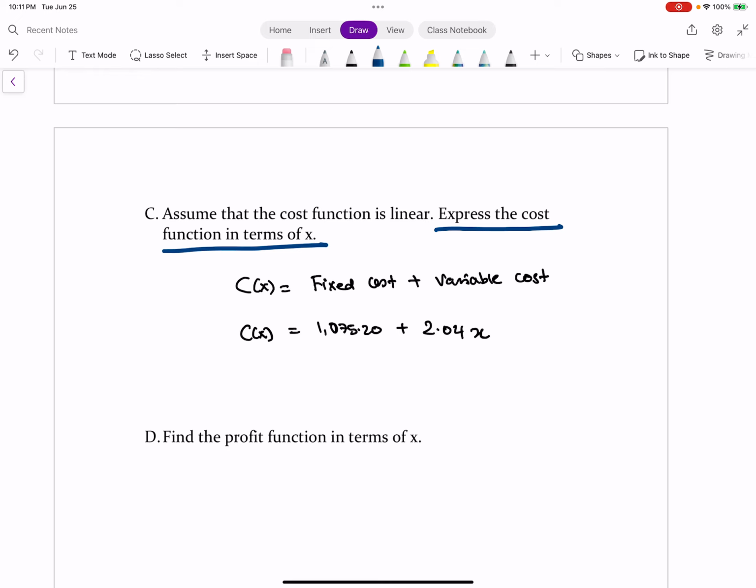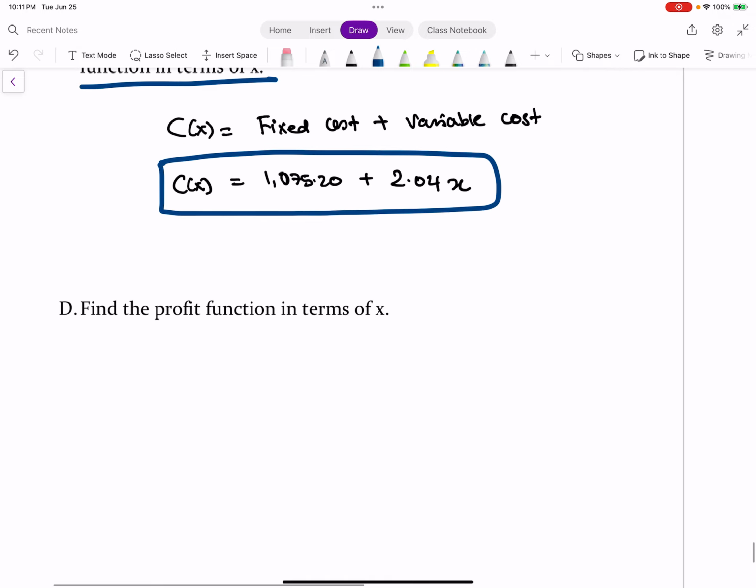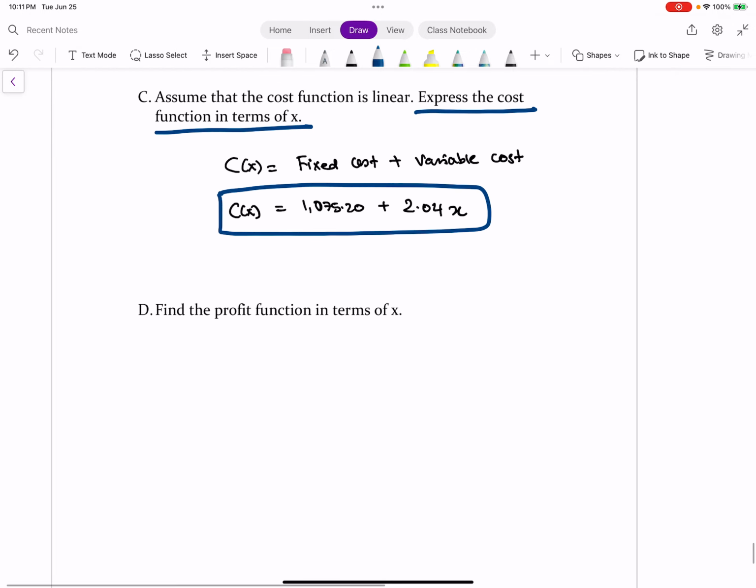So we answered this one. Now, find the profit function, right? Remember, profit is equal to the revenue function, which we have already found, minus the cost function.